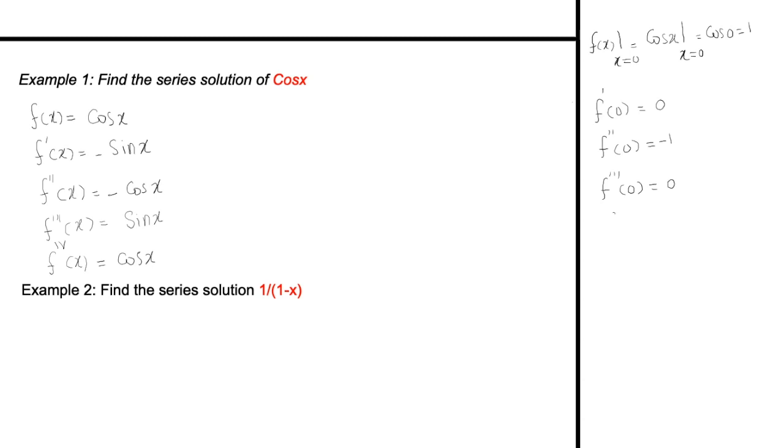And the fourth derivative of the function at x equal to 0 will be 1. Now we can plug in these values in the Maclaurin series to find the series solution of cos of x.